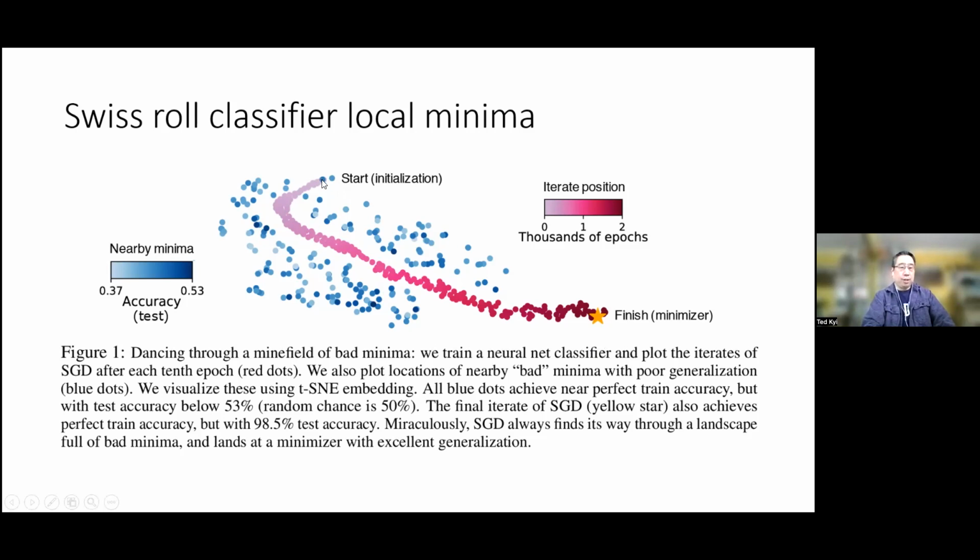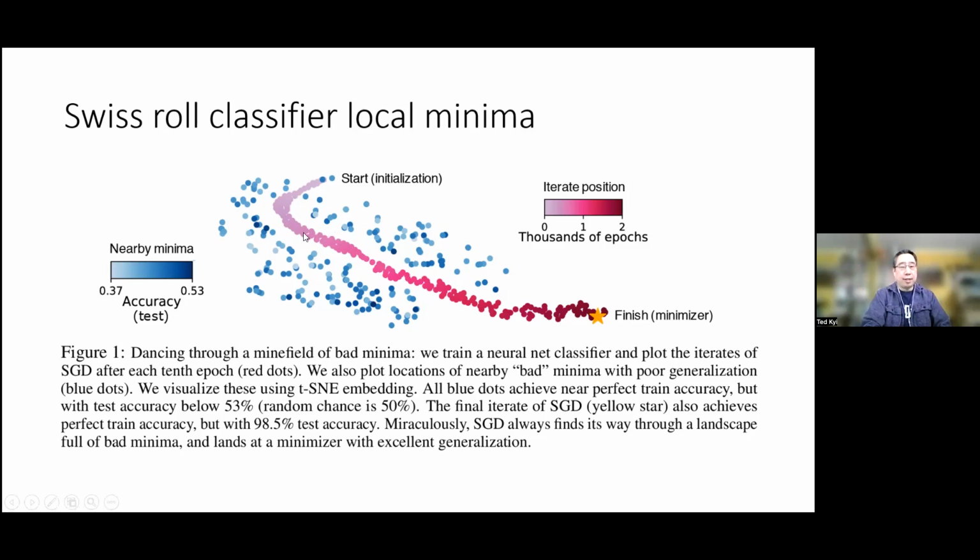It started with random weights over here, and as they trained it, it gradually followed this path. There are hundreds, thousands of weights, so this is a t-SNE visualization in 2 dimensions. I don't love t-SNE, but it's good enough for this particular diagram.